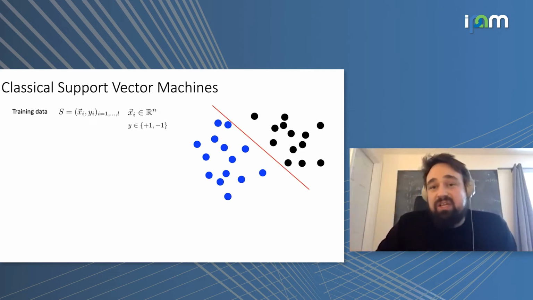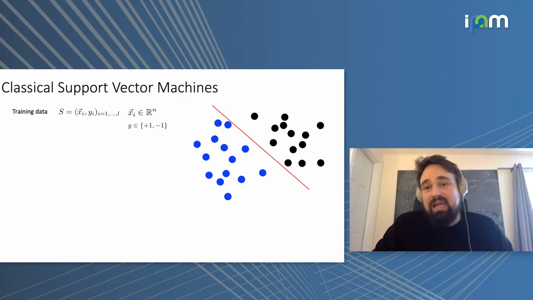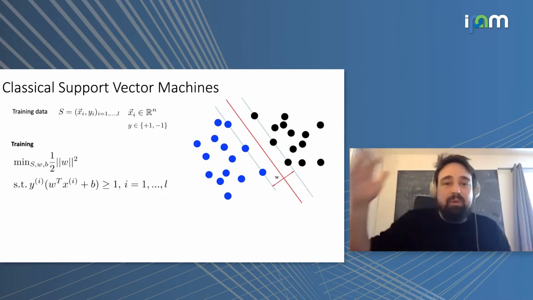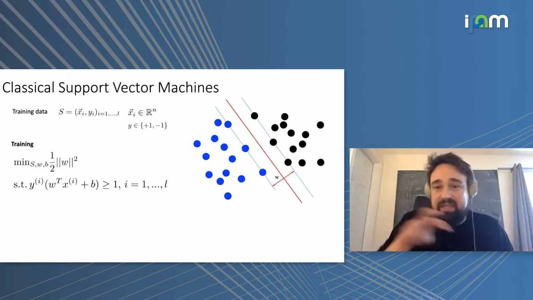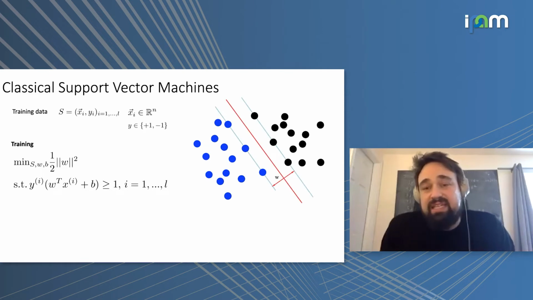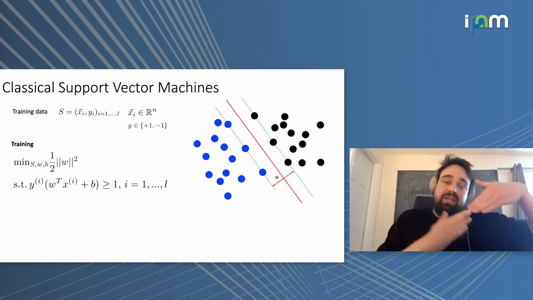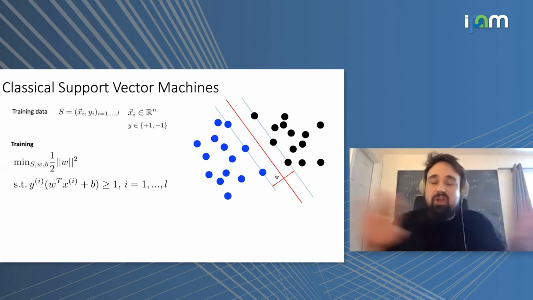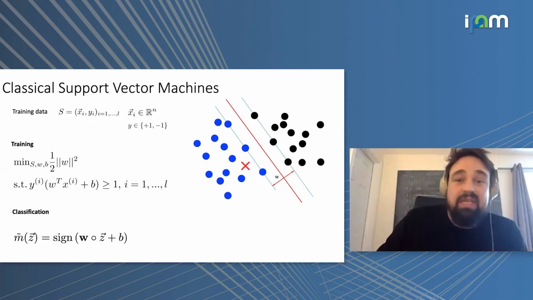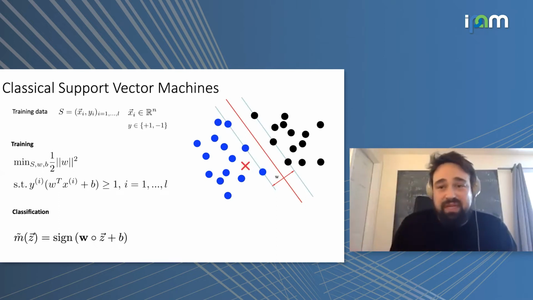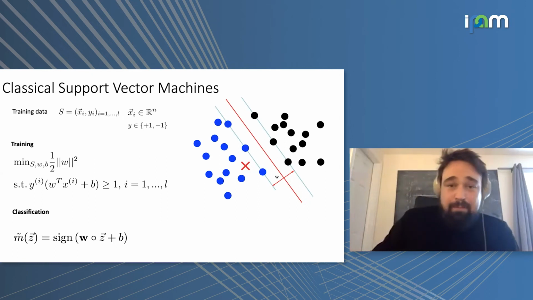There are many such lines that you could draw, and there's a reason to believe there's an upper bound on your generalization error that can be stated in terms of the margin of that line towards those two data sets. So the best upper bound that you can obtain is by trying to maximize the margin of that line relative to those clouds. And then if you have a new data sample, you just check whether it's to the left or to the right. That's essentially the basic idea of what a support vector machine does.